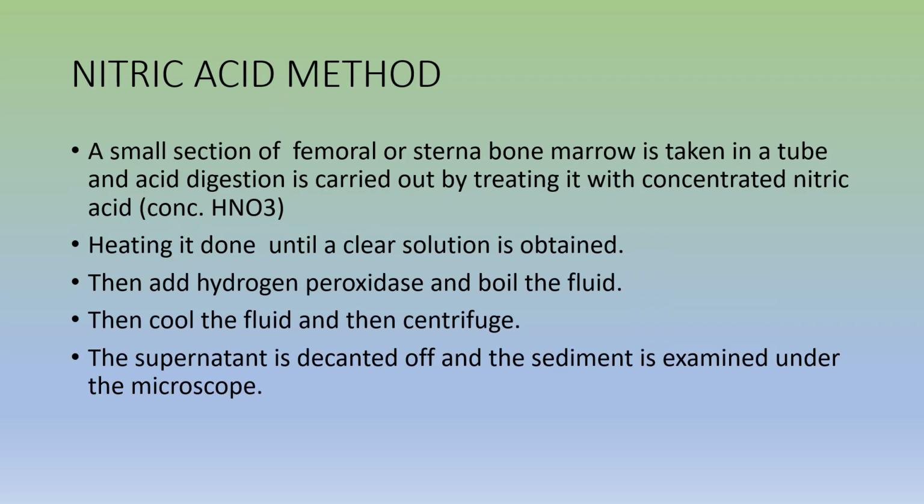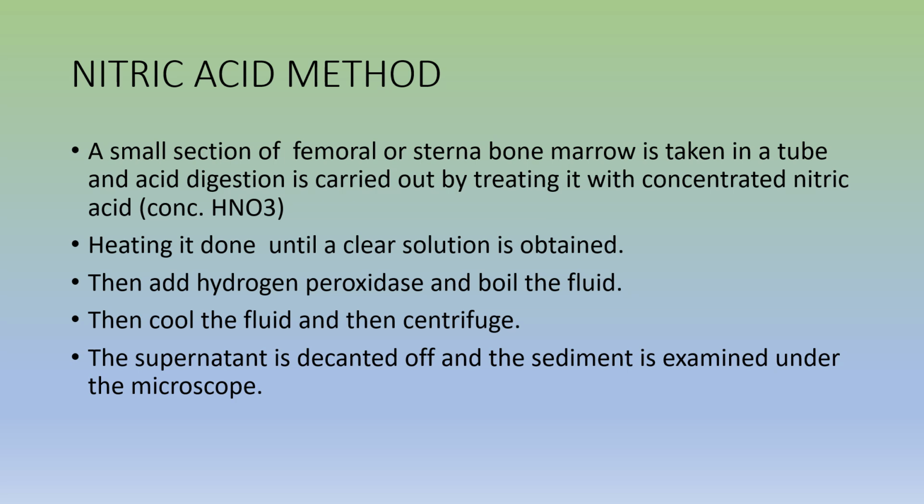Nitric acid method. To perform the nitric acid method, we should first have a small section of the sternum bone or the femoral bone from where we can get the diatoms. Then acid digestion is carried out by treating that part of the bone with concentrated nitric acid. Heating is done until a clear solution is obtained.